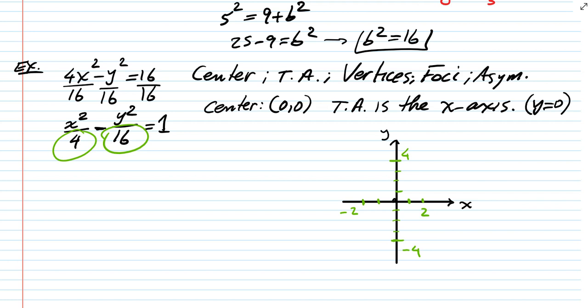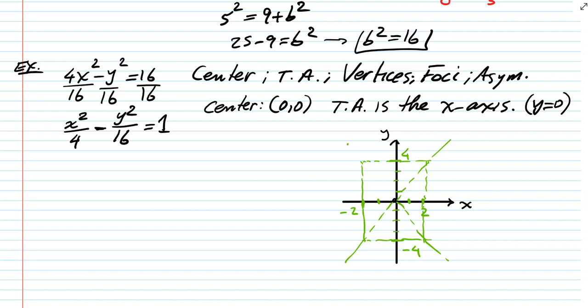And that will outline my fundamental rectangle. I'll draw a horizontal line parallel to the x-axis, and then parallel to the y going through those two. Okay. And there's my fundamental rectangle. And then I'm going to draw the diagonal. Okay, the diagonal. Here's one, there's the other.